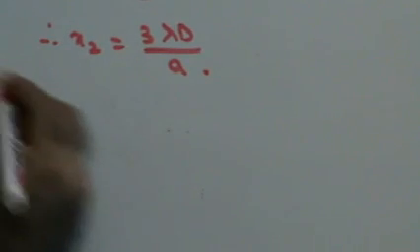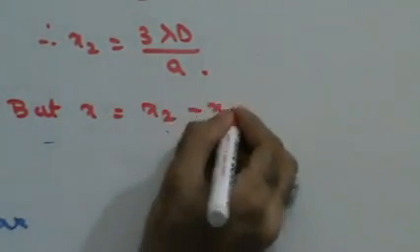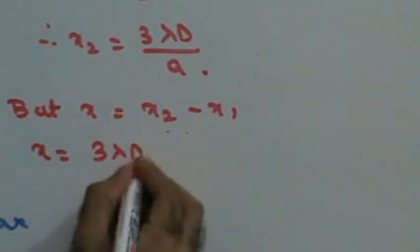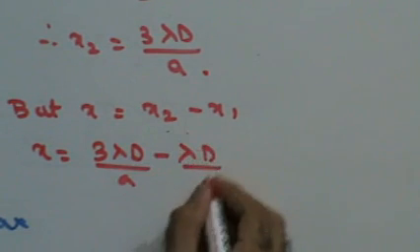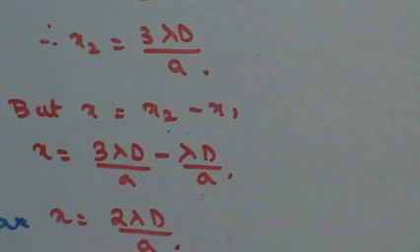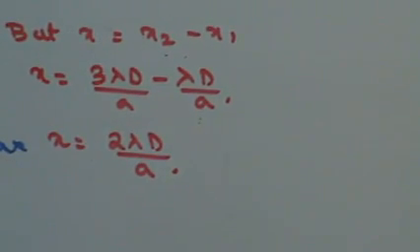But what is x? x is nothing but x2 minus x1. x is the distance between the third dark band and the first dark band. So x is equal to 3λd by a minus λd by a, therefore x is equal to 2λd by a.